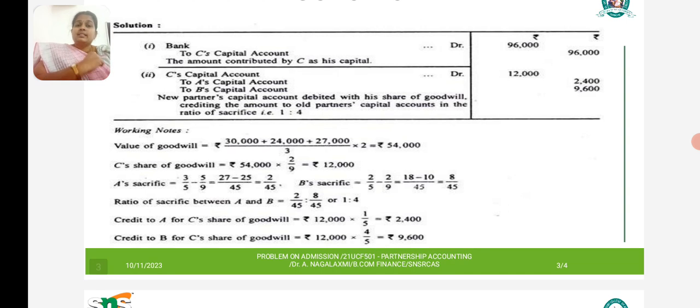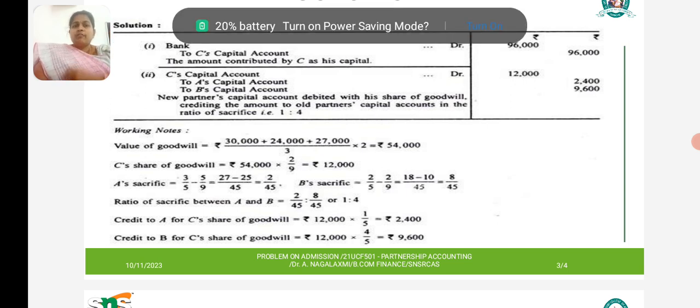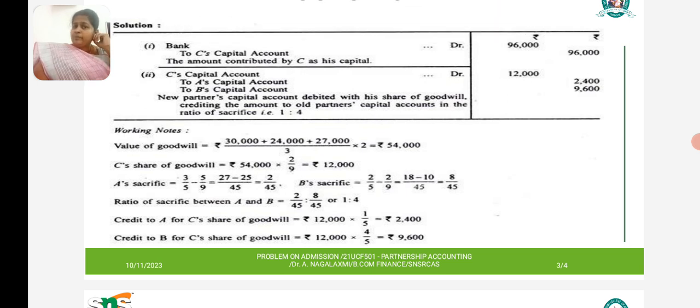Now here there is a solution. Before starting the journal entry, we are supposed to calculate the working notes for the valuation of goodwill. So we are ready for the calculation of goodwill under the simple average method. Valuation of goodwill: 3 years profit, 30,000 plus 24,000 plus 27,000, divided by the number of years of profit, that is 3.